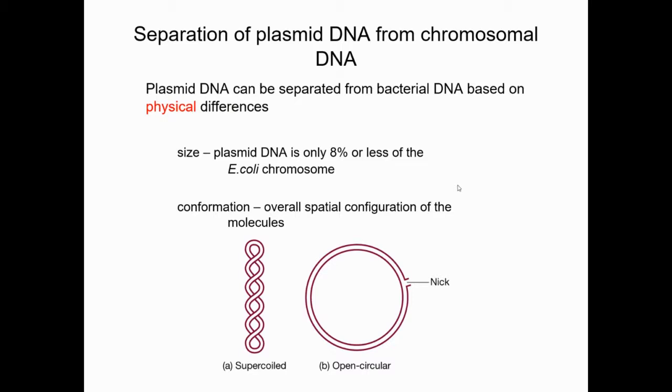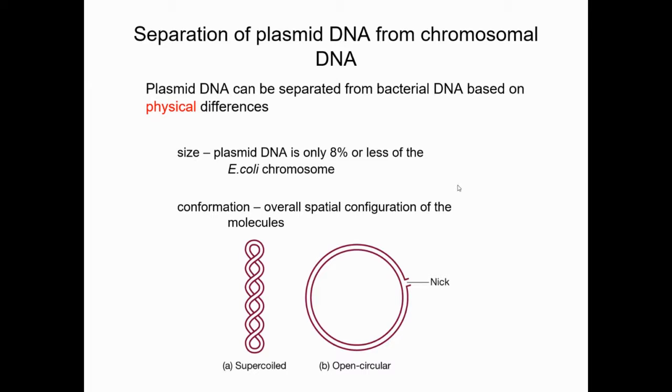To prove the recombinant genotype, you will need to purify the plasmid DNA from bacterial cells or the bacteriophage. Remember, when you purify the plasmid DNA, there's also bacterial genomic DNA in the cell. So the purpose of this technique is to separate the plasmid DNA from the genomic DNA.